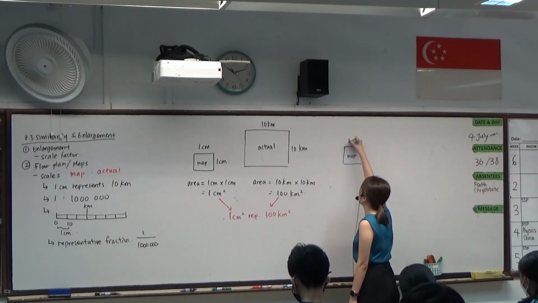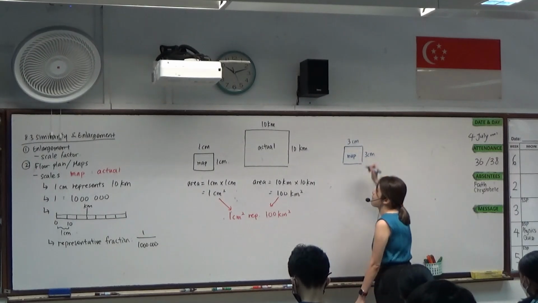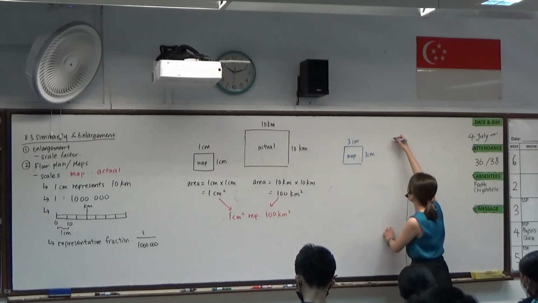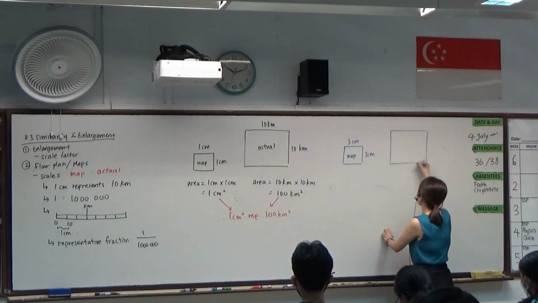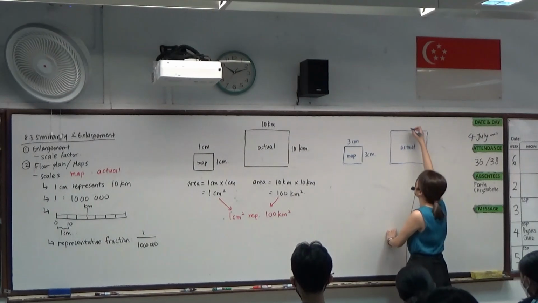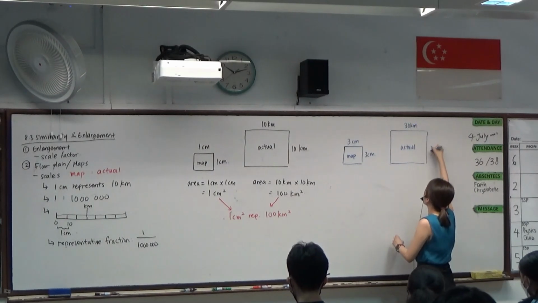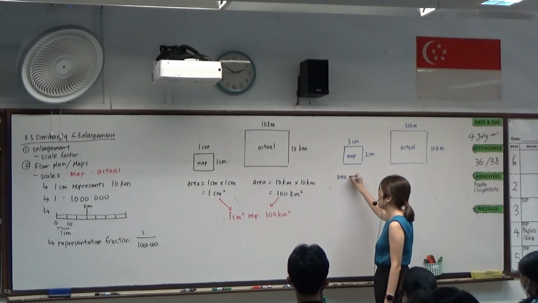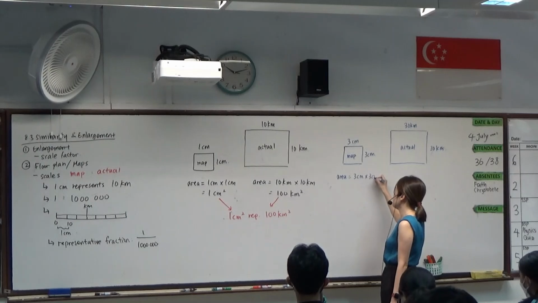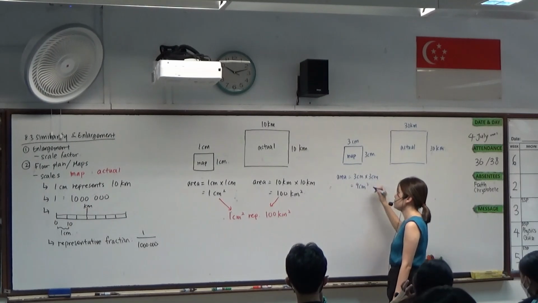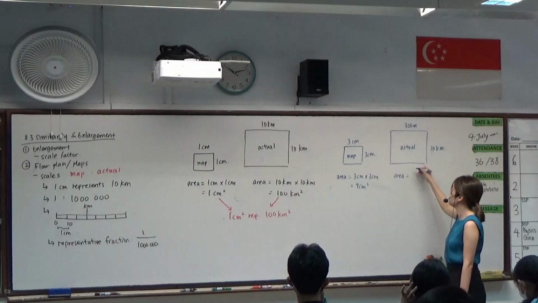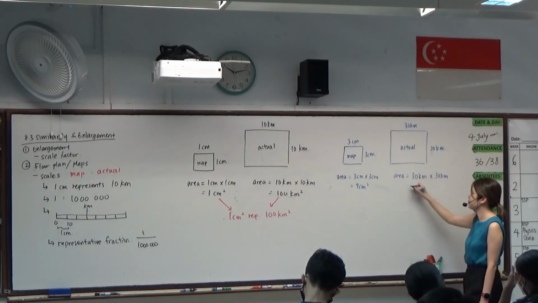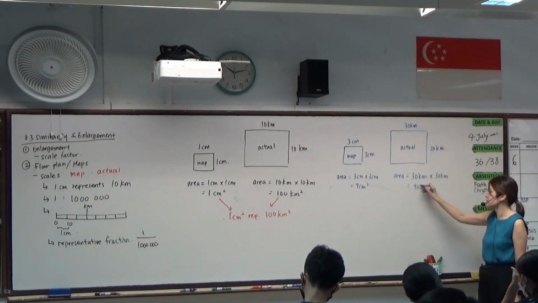Let's say I have 3 cm by 3 cm, with the same length scale. The area of the actual will be 30 kilometers times 30 kilometers, which is 900 kilometers squared.